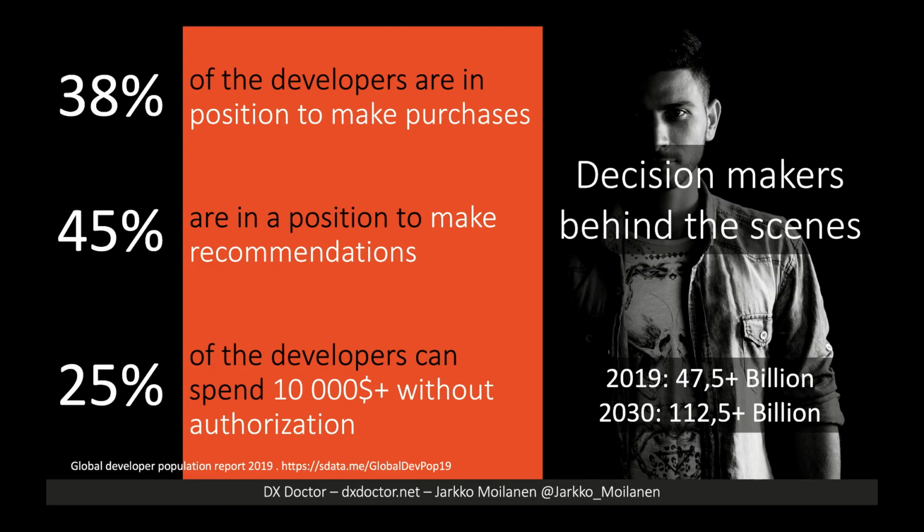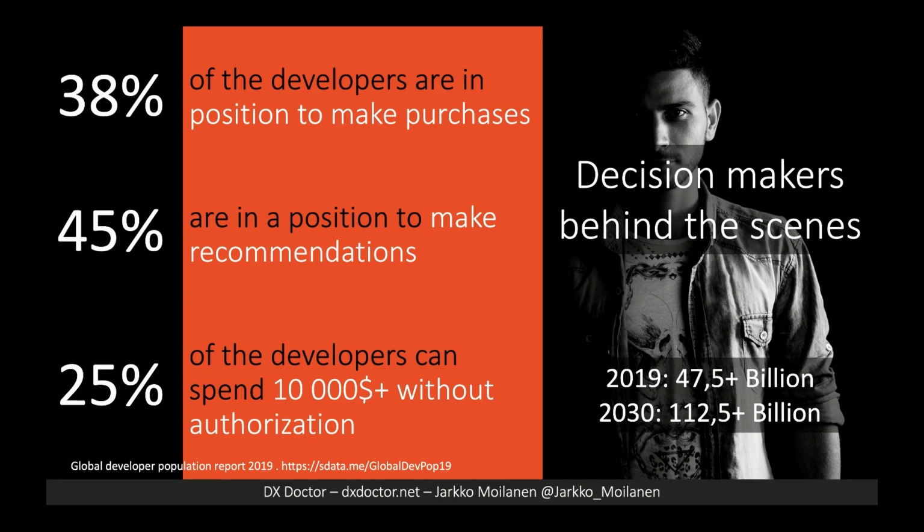So if they don't make the purchases and decisions directly, then they actually make recommendations for the management above them. So in a way, it seems that the decisions are made, or at least limited, even before the final decision goes to the person who actually has their hands on the credit card and adds the numbers to the ordering form. So decisions are probably made more and more by the developers themselves, and this is in line with my experiences while developing the platform of trust and discussing with clients and prospect customers.